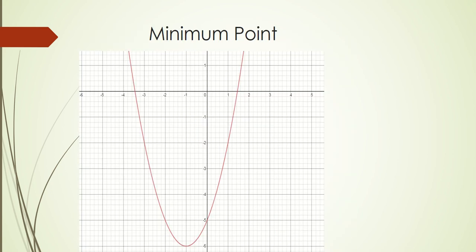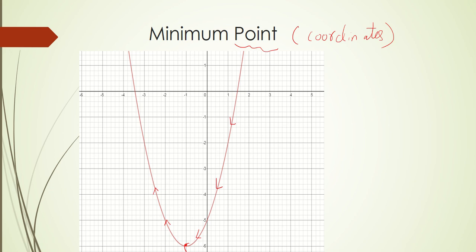Now we have a minimum point. Very important thing is a minimum point. You know that point means coordinates. Now for the coordinate of the minimum point, the graph is going down, down and down, and this is the turning point. So this is the point which is actually the minimum point. And from here the graph is going up and up.